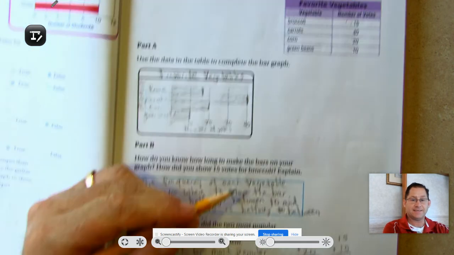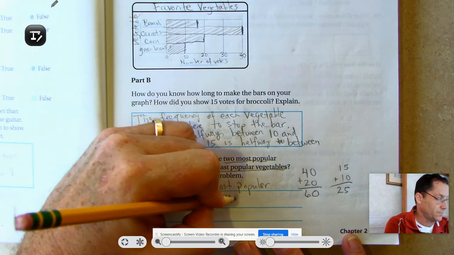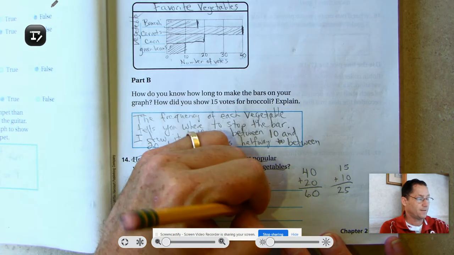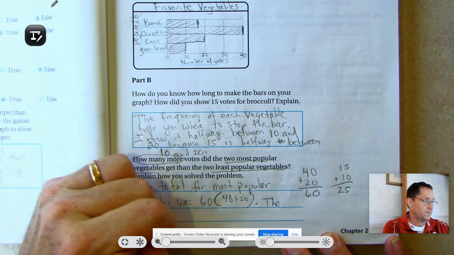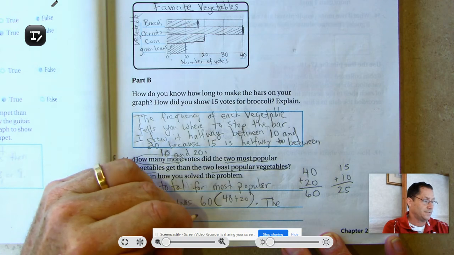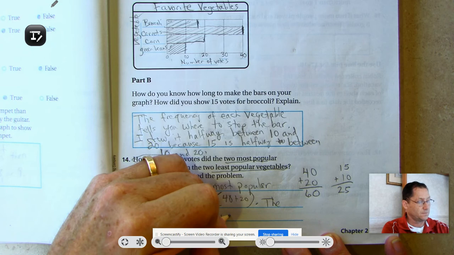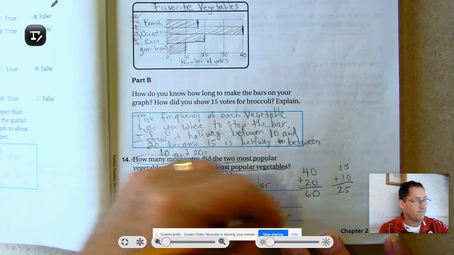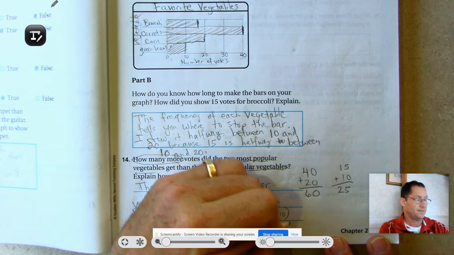How did I get 60? We added 40 plus 20. The least popular total was 25, and we got that by doing 15 plus 10.